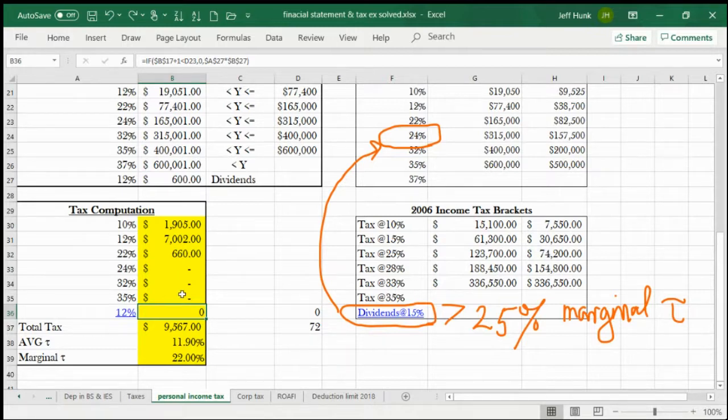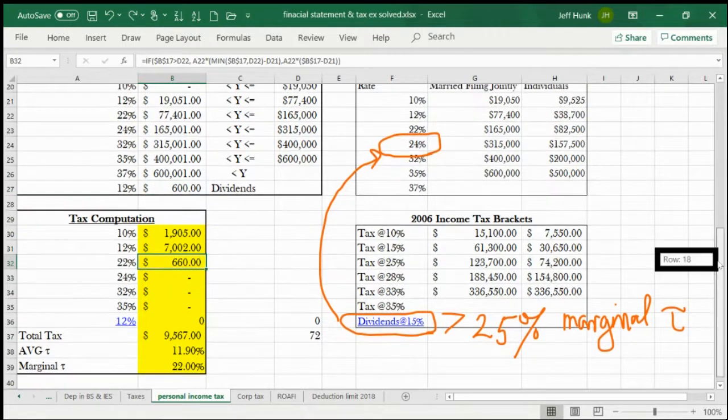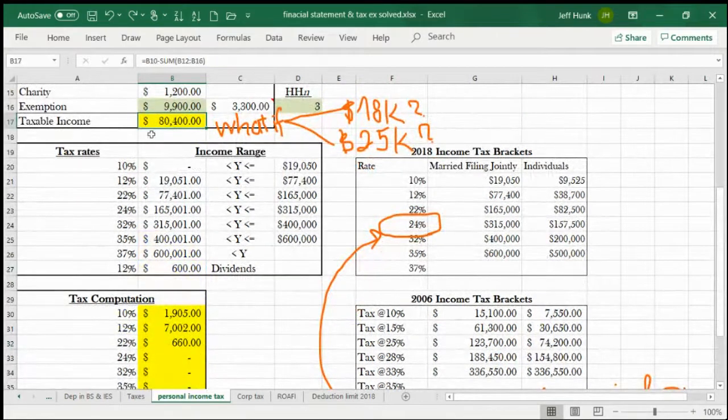To do that, as I said, it's pointless if you are just looking this up. Currently my taxable income is this, so I'm in this bracket. If I make another dollar, I will still fall into this bracket until my taxable income is 165K, so my marginal rate doesn't go into the 24%.